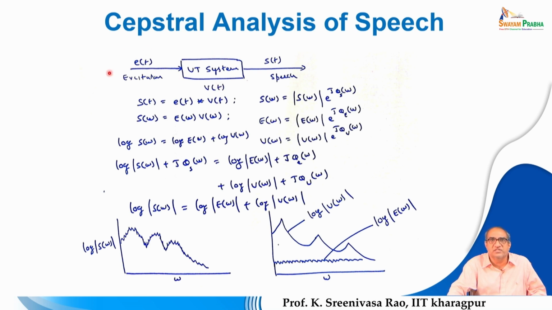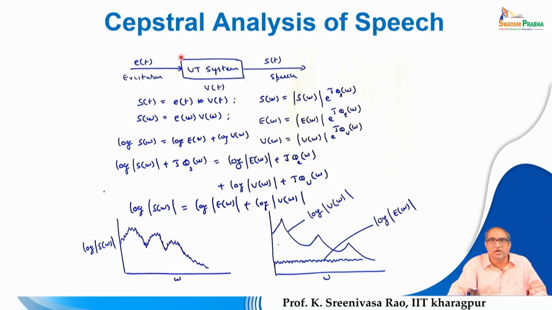The excitation signal is different for different sound units, because there are three kinds of excitation: voiced, unvoiced and mixed. With these you can generate different sound units.